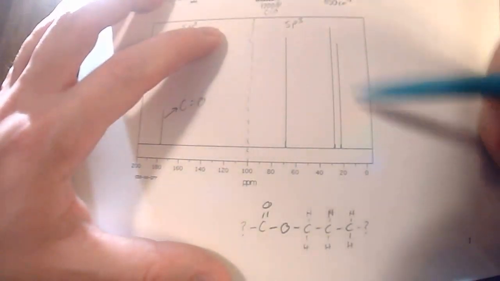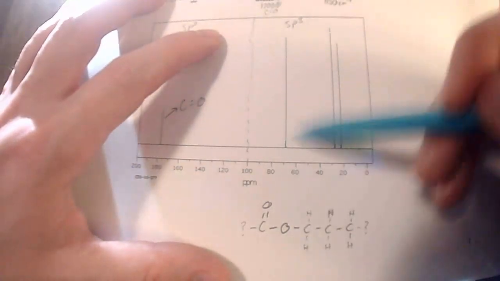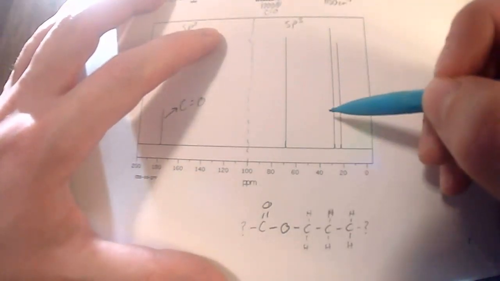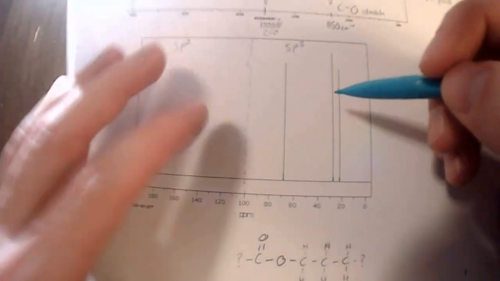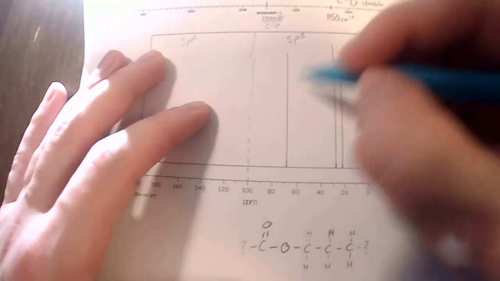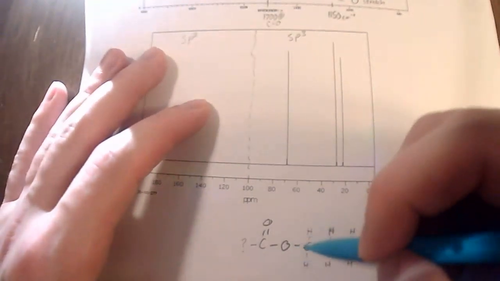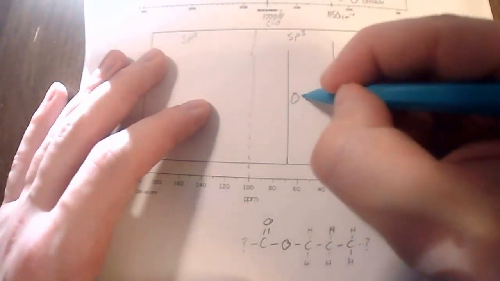Now, downfield in the upfield half, typically you see a carbon that is having electrons pulled by an electronegative group, and this would make sense with a carbon bound to an oxygen. So this is our adjacent ester carbon. We'll write it like this.